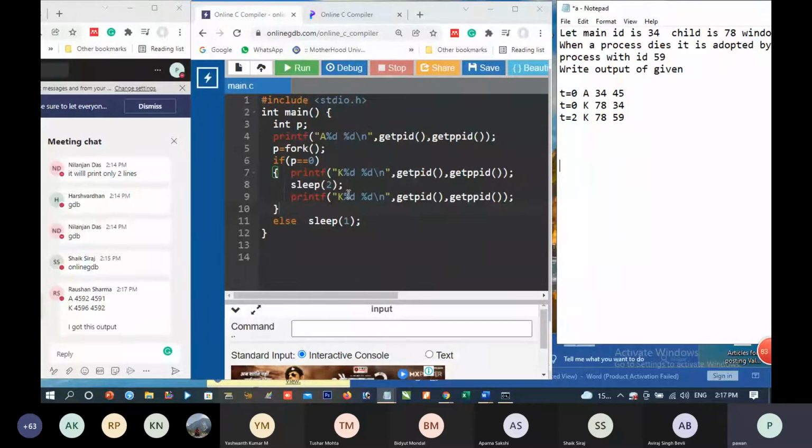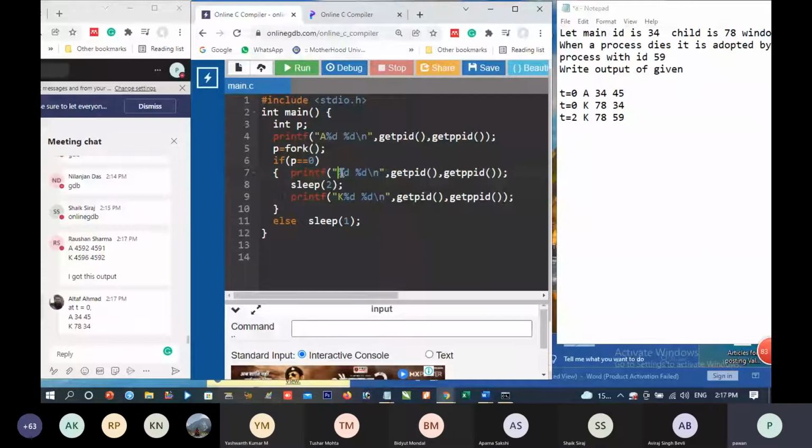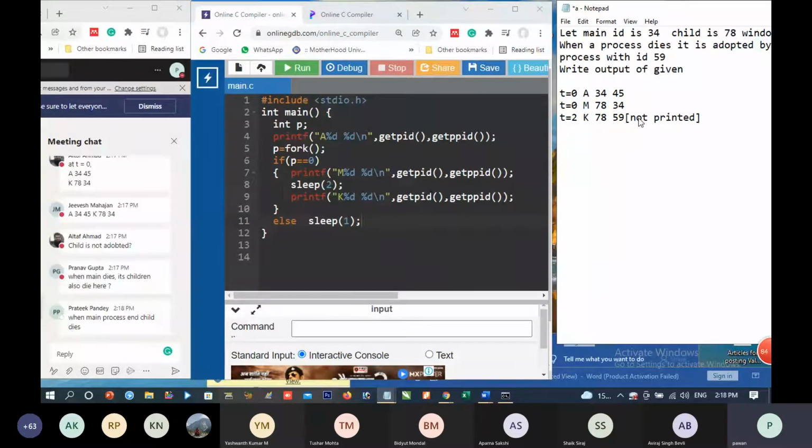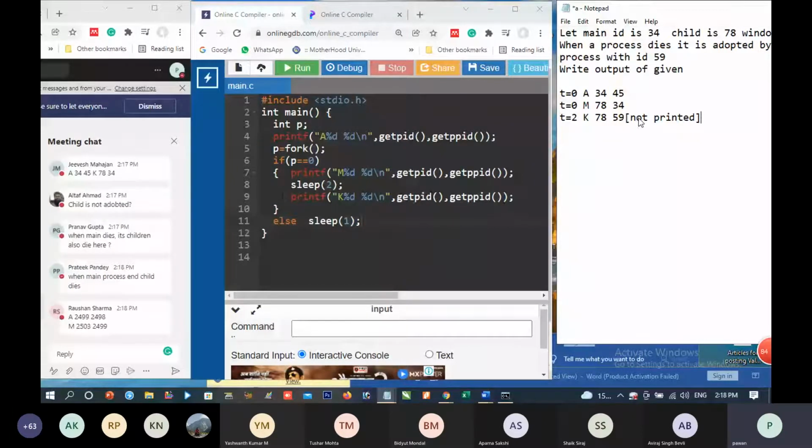Observe now the output. Do you know the reason behind it? When main dies, his children also die.